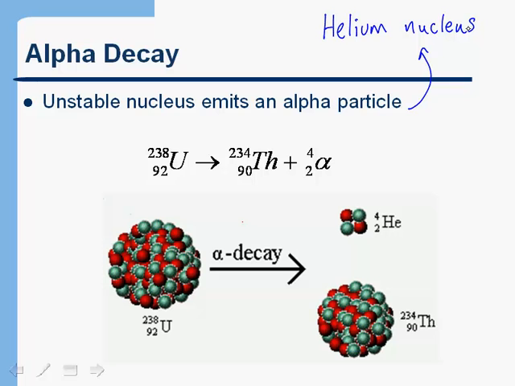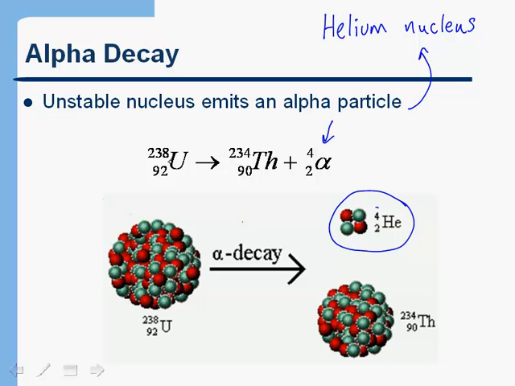You may remember that helium is the second element in the periodic table. So helium has 2 protons and 2 neutrons. Okay, so that's why we have a 2 down here and a 4 here. And so that's what we mean by an alpha particle. So an alpha particle is actually a helium nucleus.